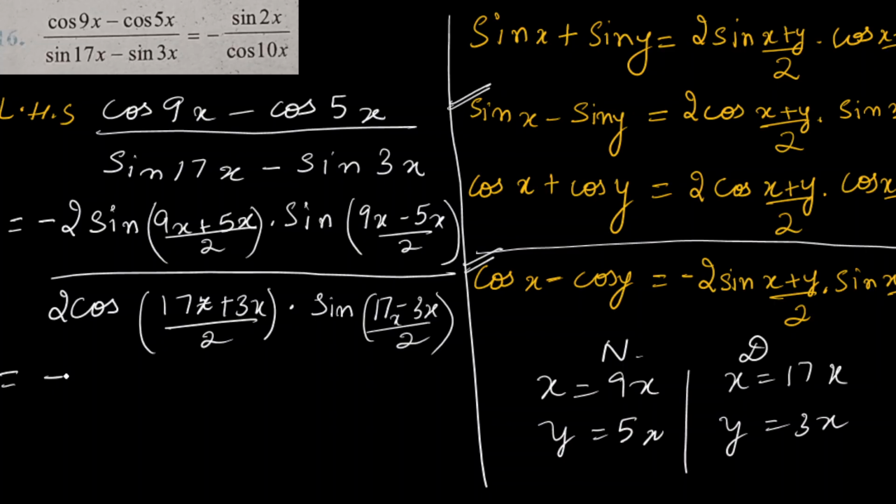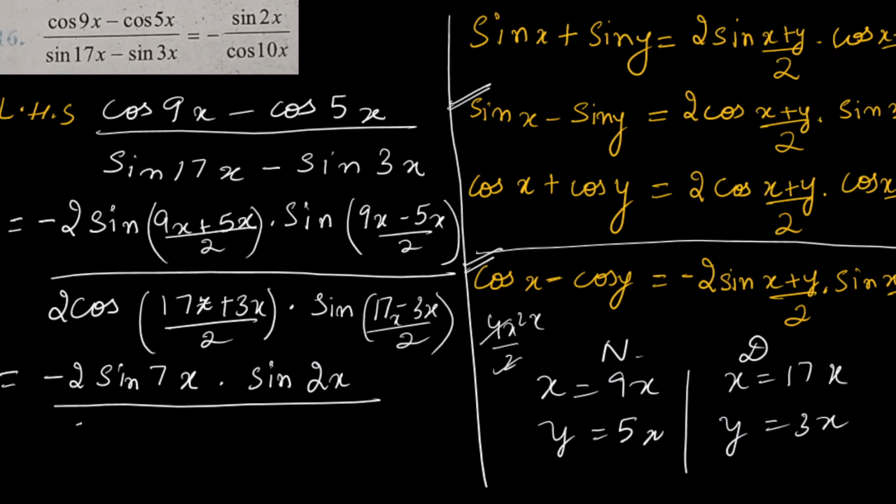Now we can simplify. Minus 2 sine, 9 plus 5 is 14, 14 divided by 2 is 7x. Into sine, 9 minus 5 is 4, so 4x by 2 is 2x. In the denominator, it is 2 cos, 17 plus 3 is 20, 20 by 2 is 10x, into sine, 17 minus 3 is 14, 14 by 2 is again 7x.